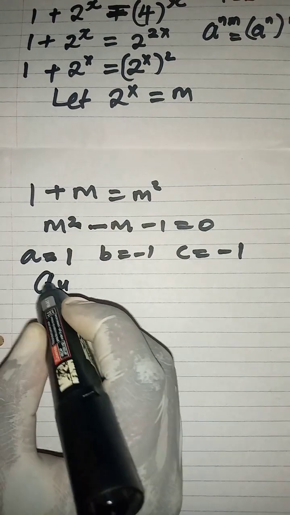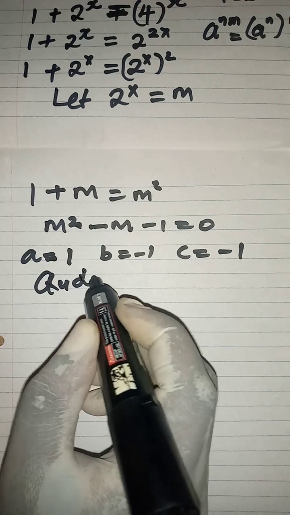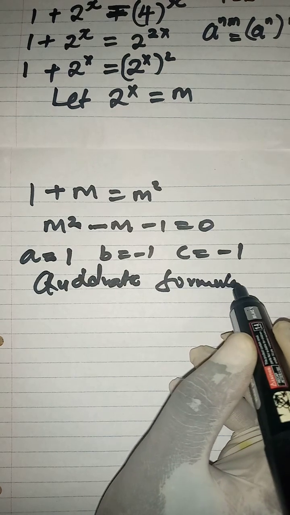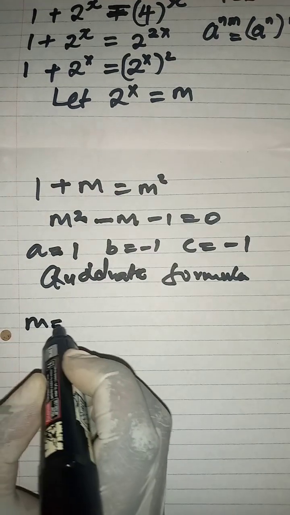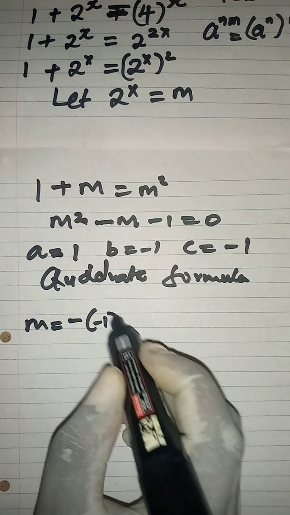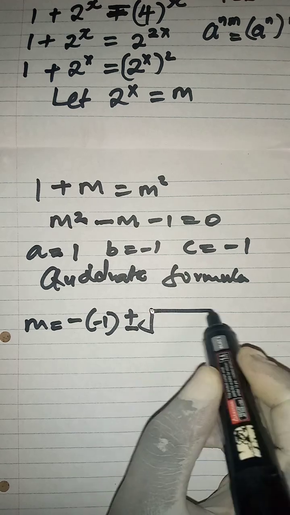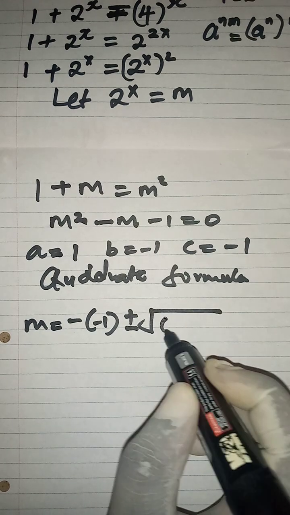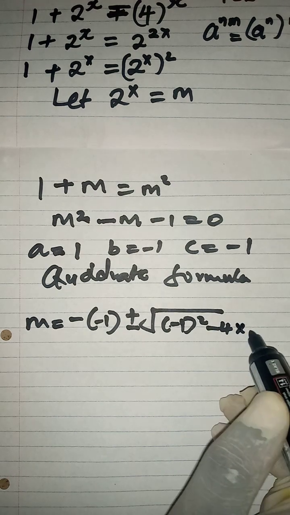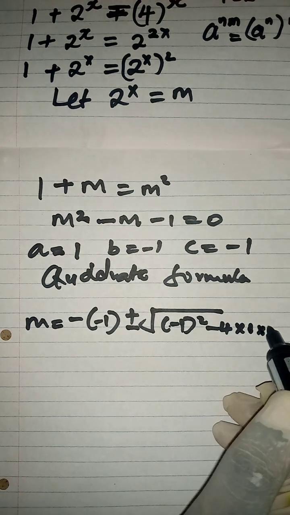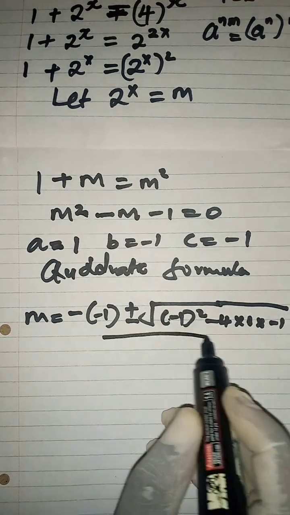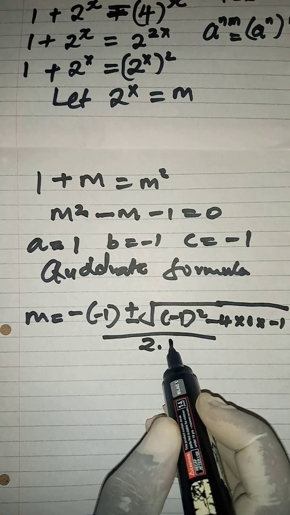So from the quadratic formula, my m is equal to negative b plus or minus the square root of b squared, my b is negative 1 squared, minus 4 times a times c, divided by 2 times a. So that is 2 times 1.